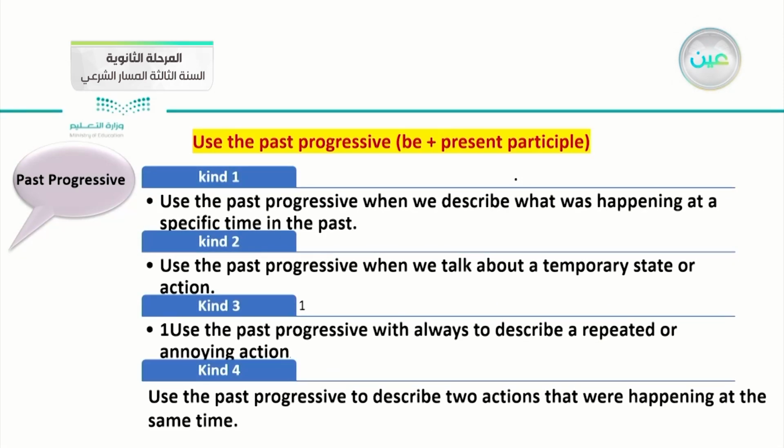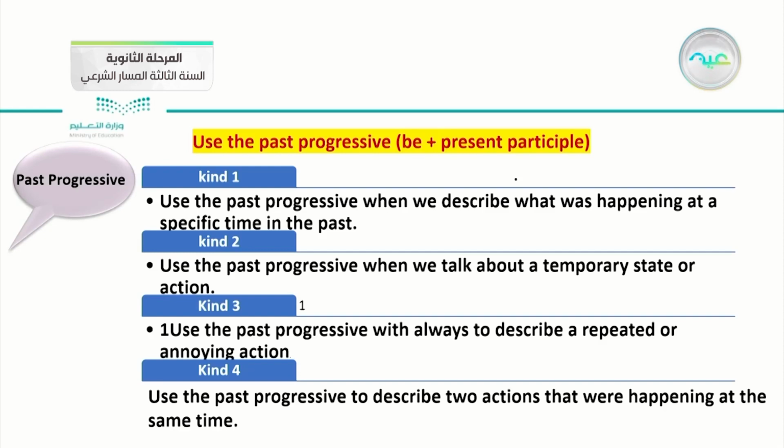We have 4 kinds of the past progressive. Kind number 1, we use the past progressive when we describe what was happening at a specific time in the past. So if you want to discuss something that was happening in the past, you should apply the past progressive.